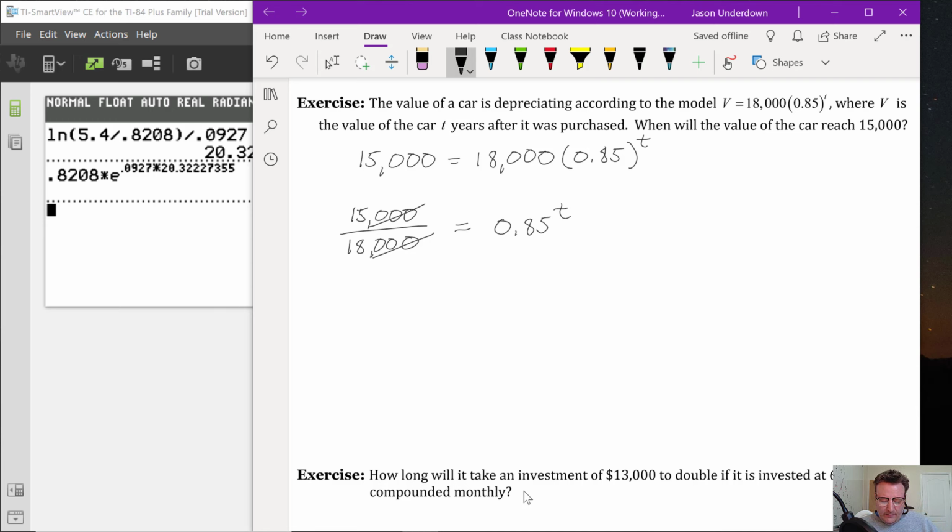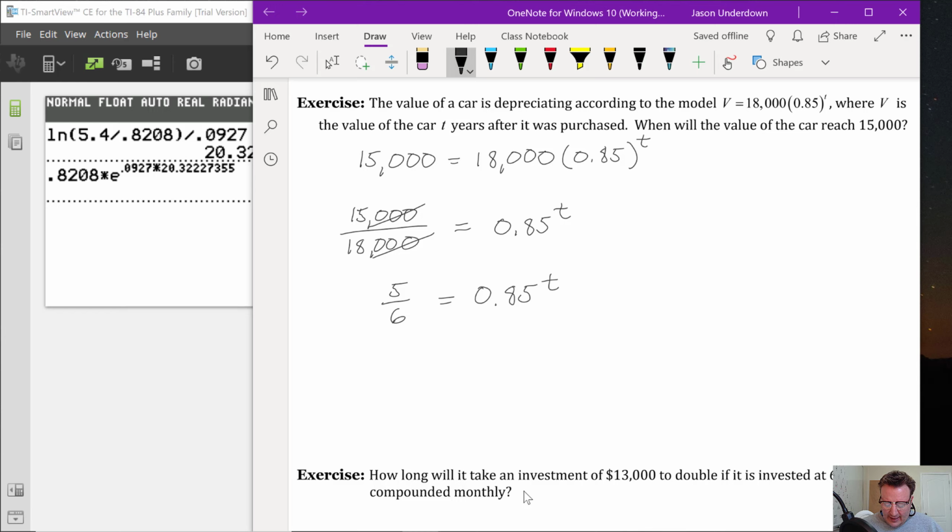Okay, 15/18 simplifies down, both are divisible by 3, so I get 5/6. Yeah, so these are fairly simple numbers. It's not a huge advantage to use symbols instead.